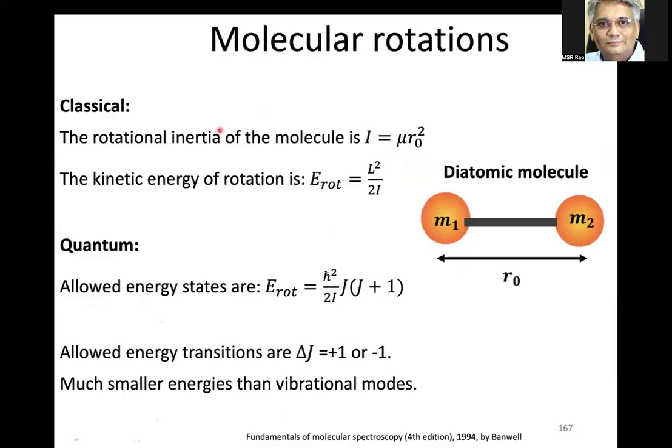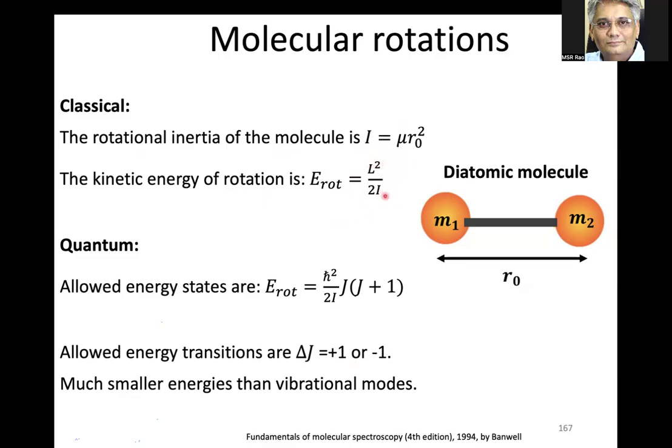Now, if you look at the molecular rotation aspects, we have the classical concept. You have the rotational inertia of the molecules given as I is equal to mu naught R naught squared. The kinetic energy of rotation is equal to L squared by 2I.